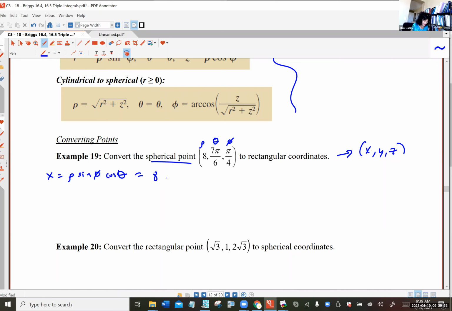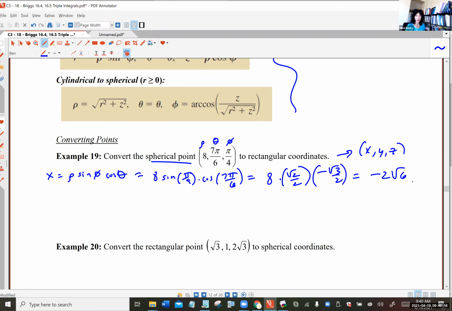So for us, that's 8 sine pi fourths times cos 7 pi 6. This isn't too hard because sine of pi fourths is square root of 2 over 2. Uh-oh. What the heck is cos of 7 pi 6? It's negative square root of 3 halves. Reduce this to lowest terms. I get negative 2 square root of 6. Well, that's weird. Yeah, a lot of these are.